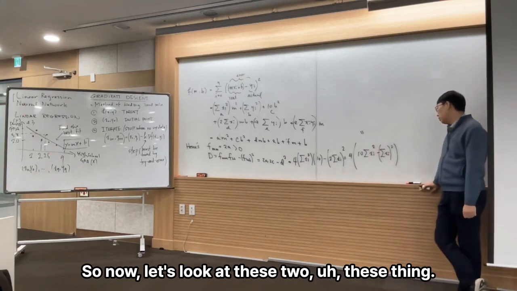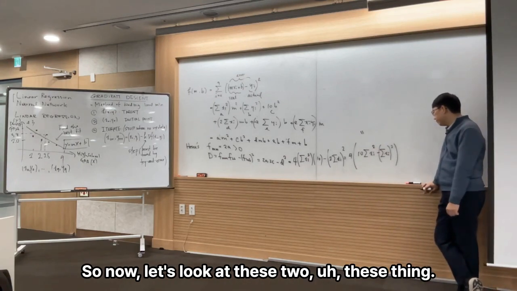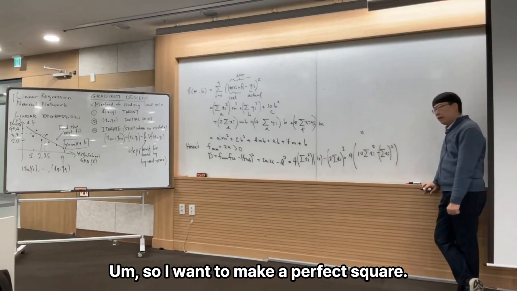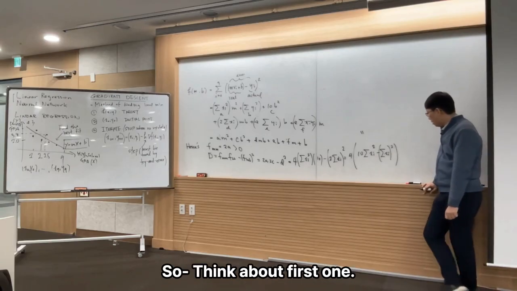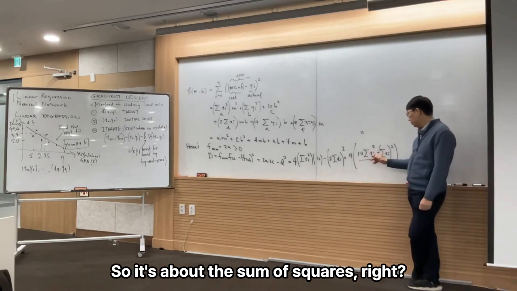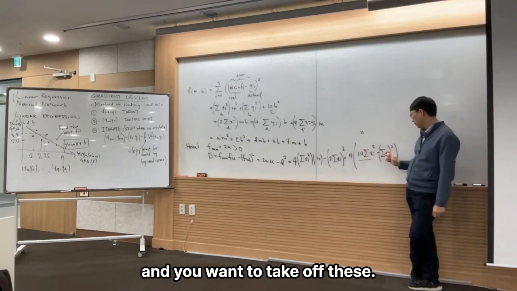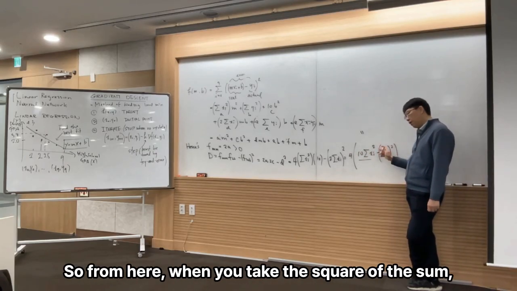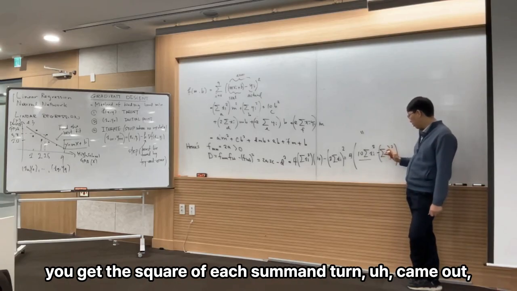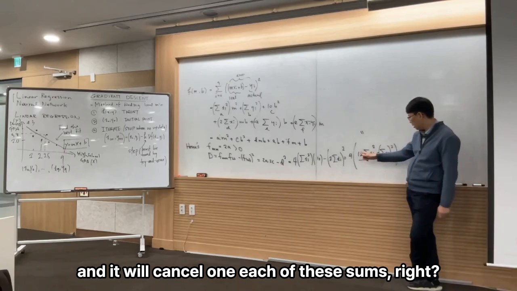So now let's look at these two things. I want to make a perfect square. So think about the first one. It's about the sum of squares, right? There are 10 of each, and you want to take off these. So when you take the square of the sum, you get the square of each sum term came out, and it will cancel one each of these sums, right?